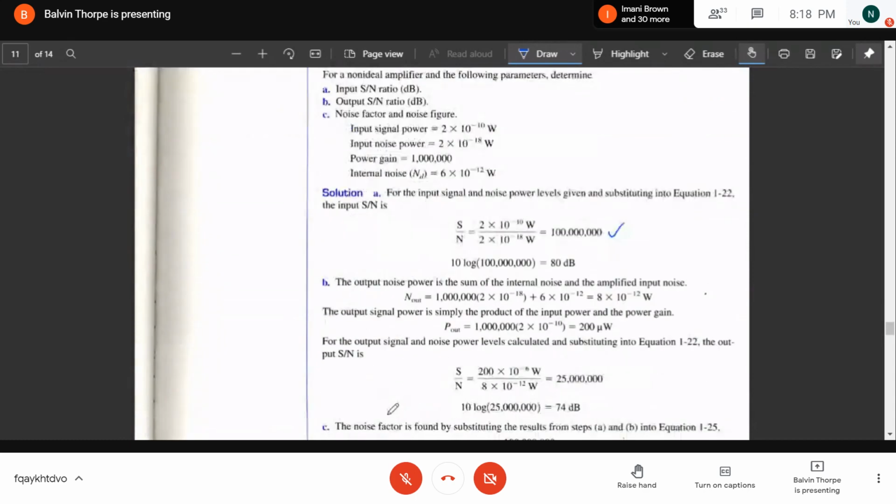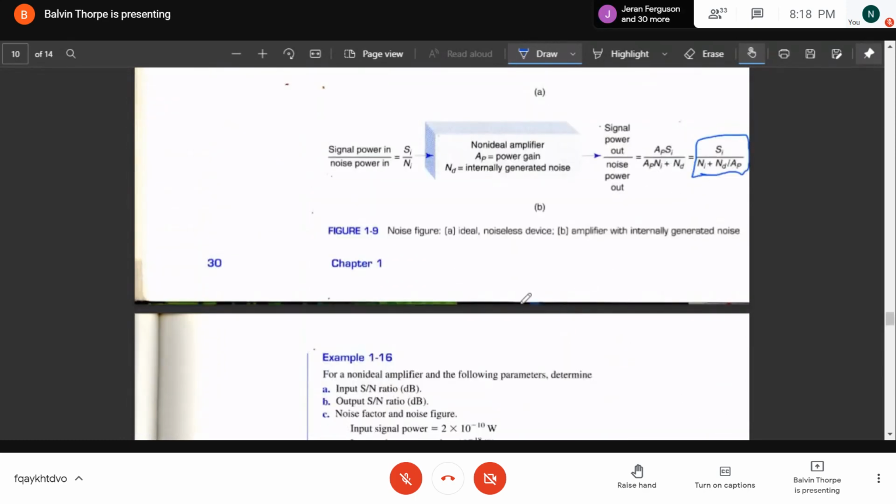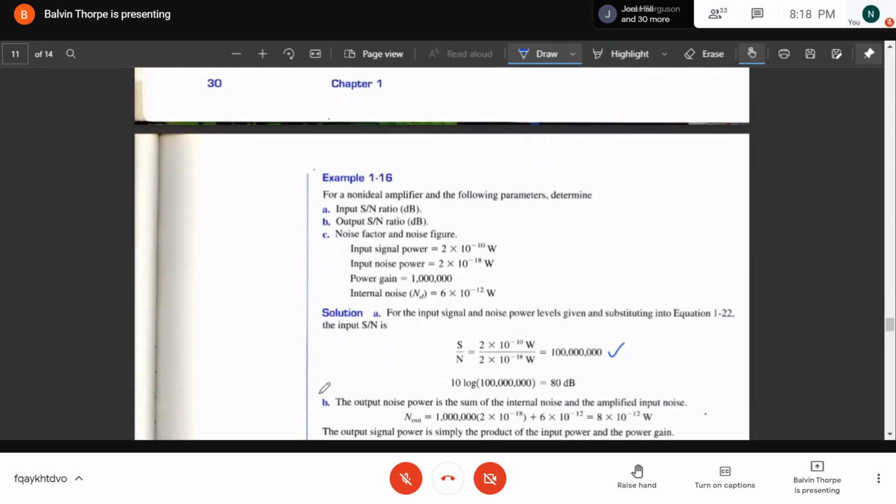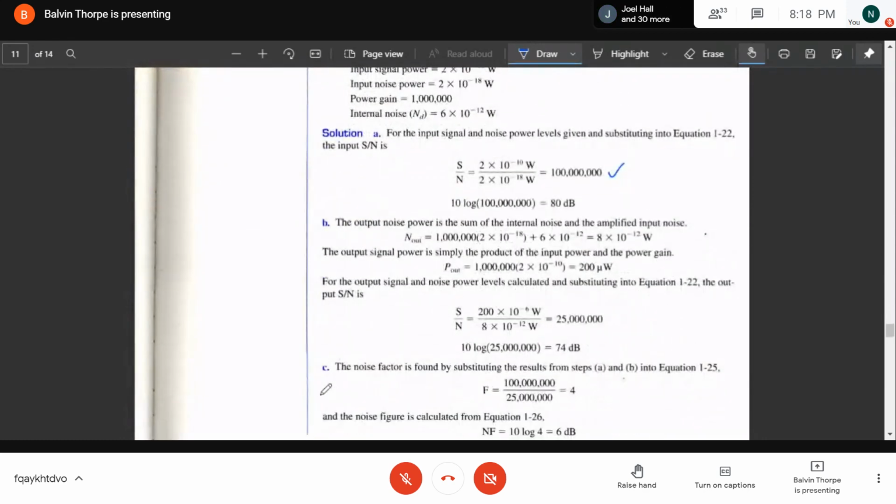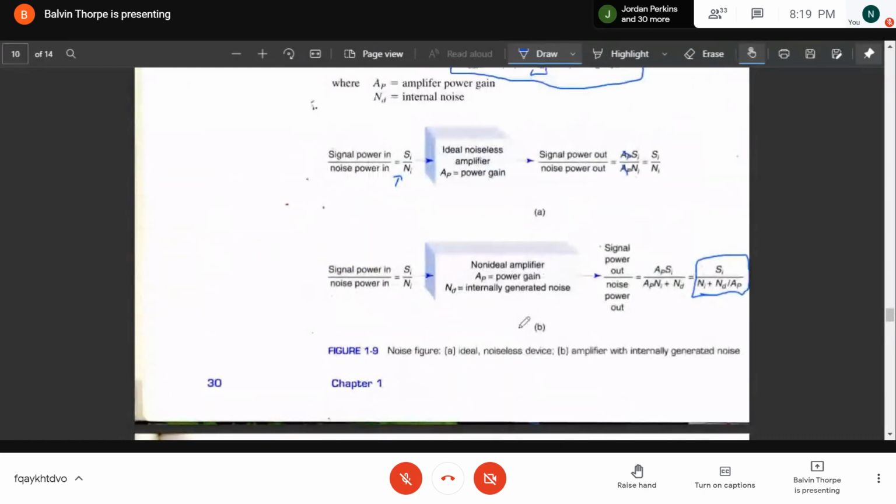So what's SI? SI was given as 2 times 10 to the minus 10, right? Yes, sir. What is NI based on this formula? NI is 2 times 10 to the minus 18, right? Yes, sir.